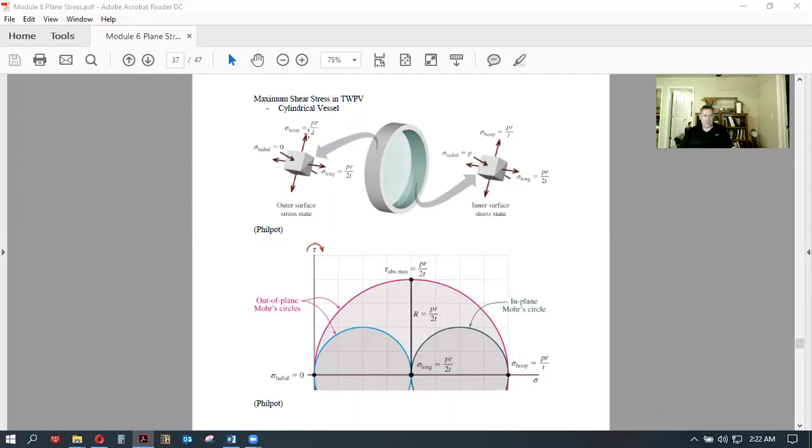That's the normal stress, and you have the hoop stress at PR over T. So that's here, and then that hoop stress all the way out here, that's a really large circle. That's one of the out-of-plane ones that you're dealing with.